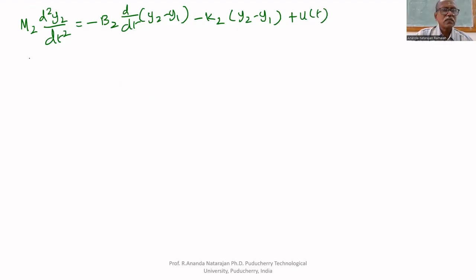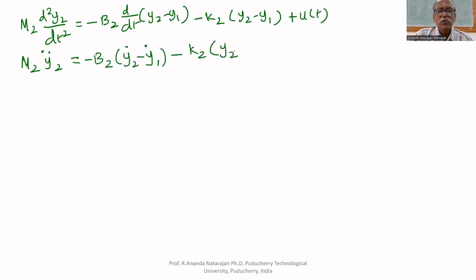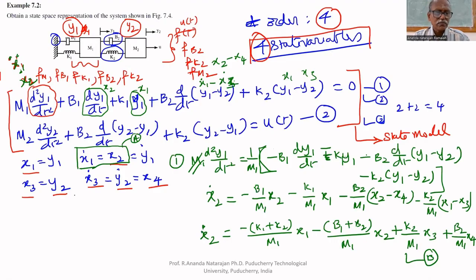This can also be written as m2 y2 double dot equal to minus b2 (y2 dot minus y1 dot) minus k2 (y2 minus y1) plus u of t. y2 double dot is x3 dot. y2 dot equal to x3 dot.